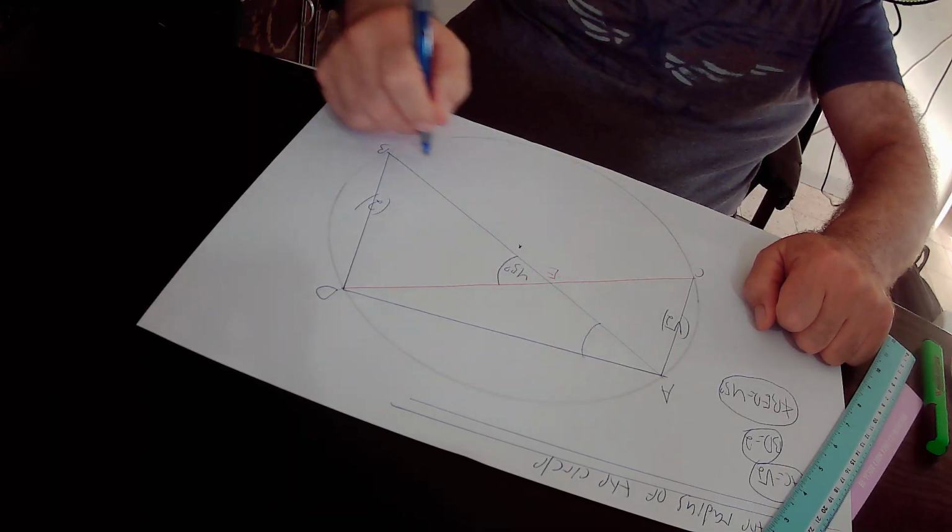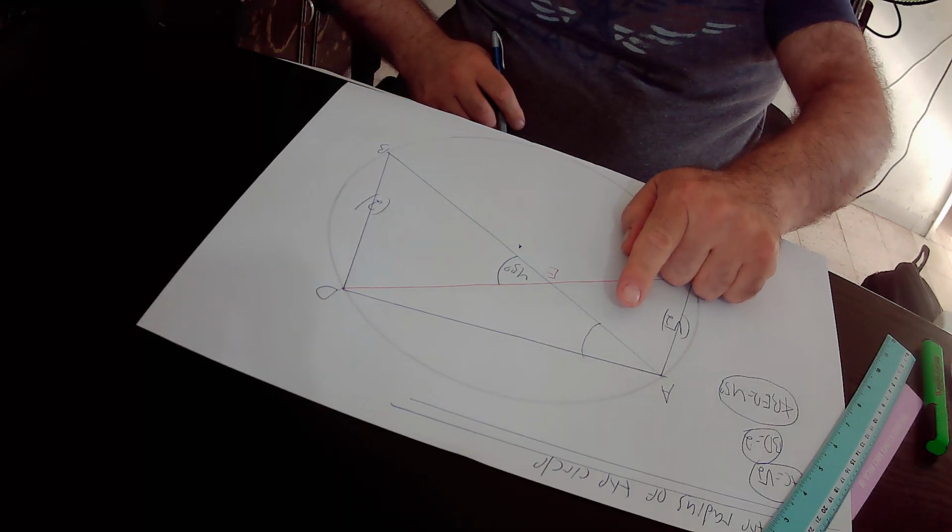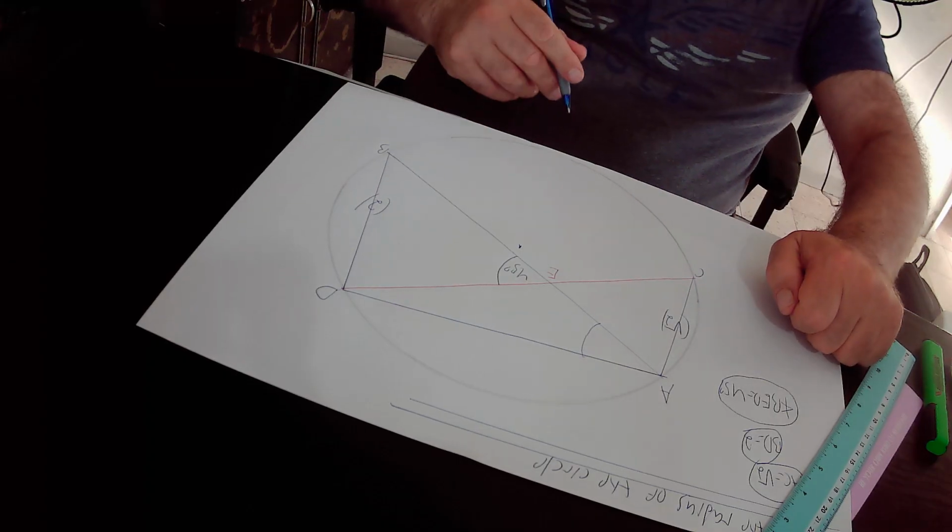This is peripheral angle BAD. We will define the size of this peripheral angle BAD as x over 2.